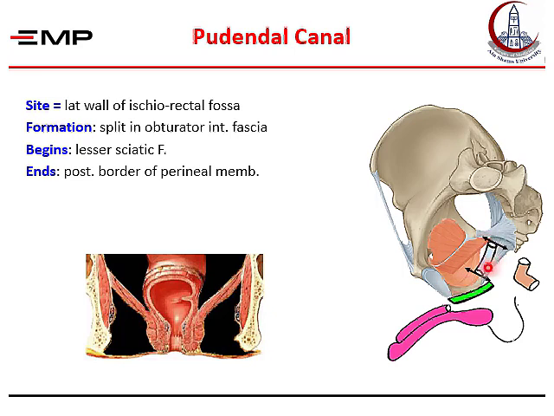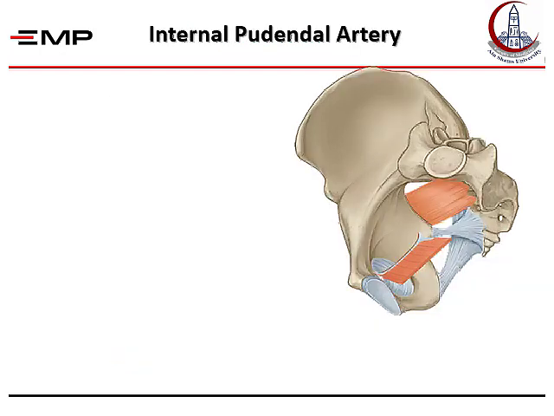So these structures enter the pudendal canal. These structures include the pudendal nerve laterally and the internal pudendal artery on its medial aspect.